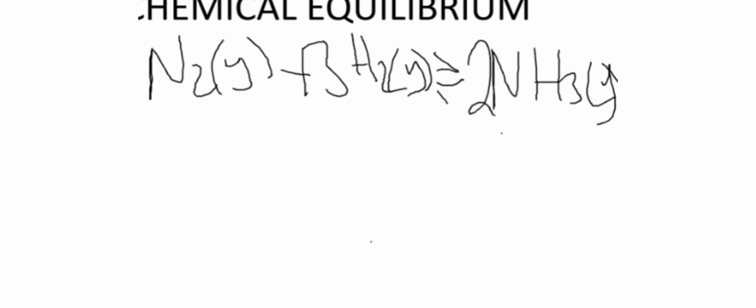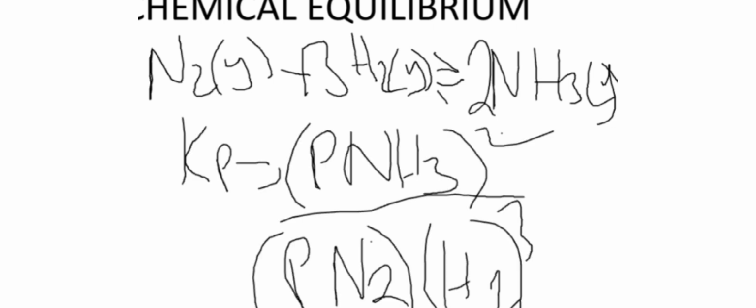Now our Kp will be PNH3 squared, because the ammonia there has the coefficient of 2, so we have raised it to power 2, over the reactants, which is PN2 times PH2 power 3, because hydrogen has the coefficient of 3.